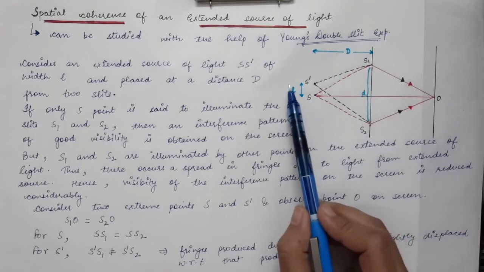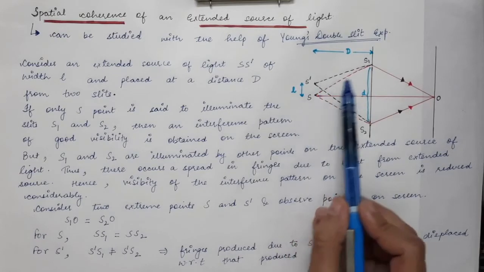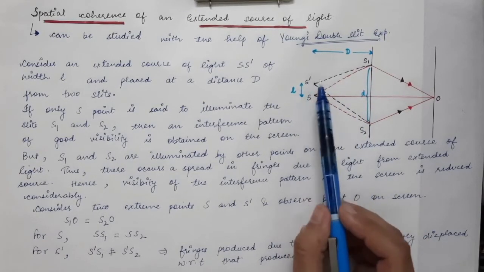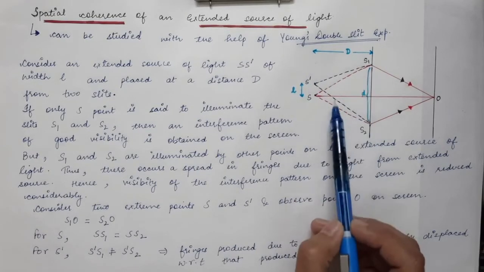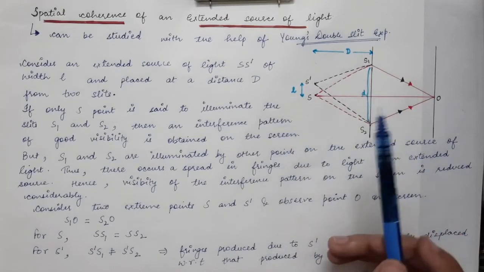So according to this distance between S and S prime, we will have the path difference between the light rays coming from S prime point. As you increase the distance more, the path difference between the light rays will also increase. That is just mathematics.